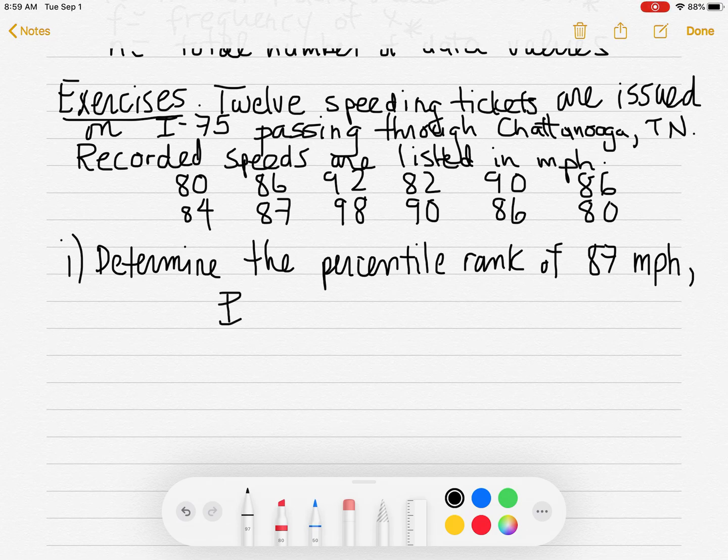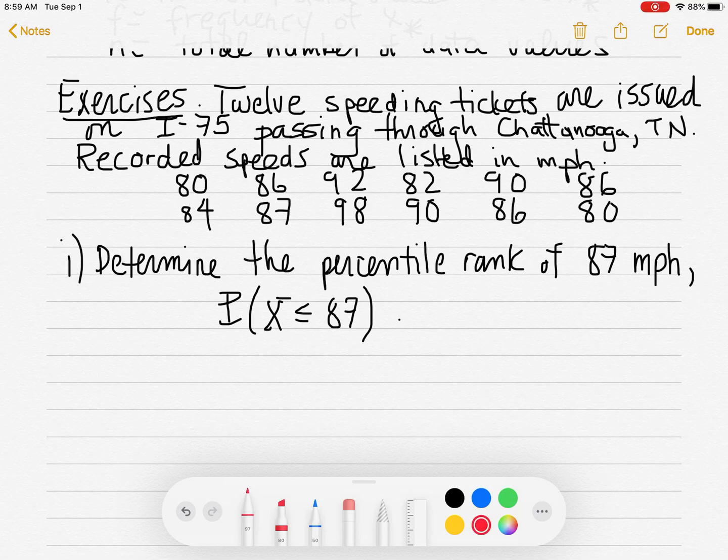In other words, what's the percentage of x values less than or equal to 87? So my x star here is 87. I'm not going to bother writing x star because our x star is 87.